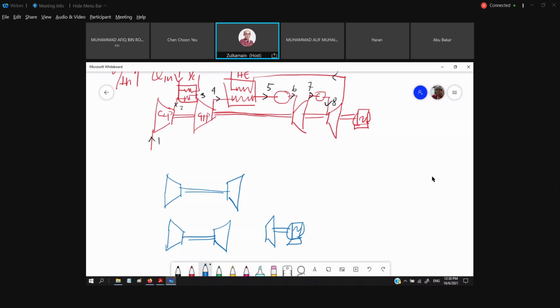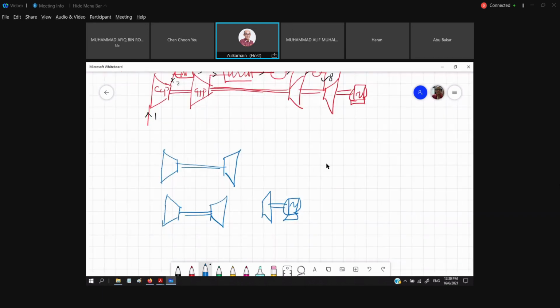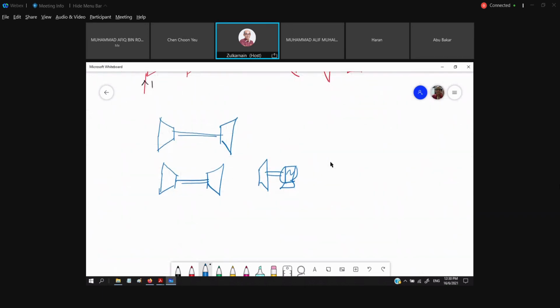Right? So if you can put all the flow and the other components, this is our first compression process, second compression process, heat exchange. You have the intercooler. So this is the intercooler.